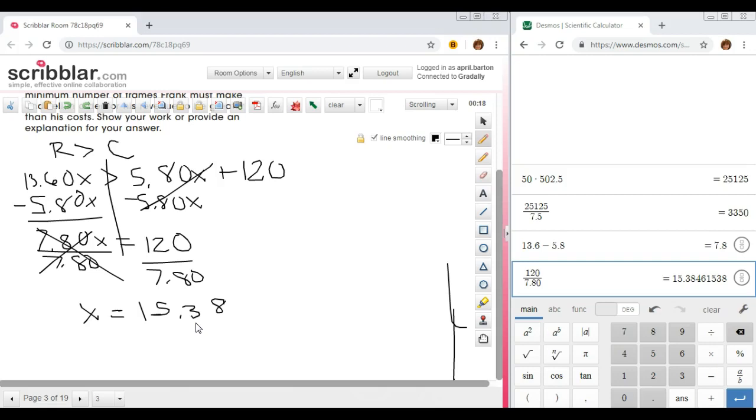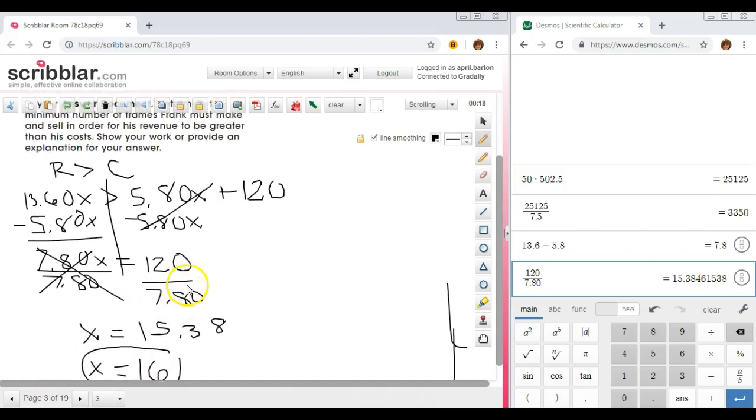If he wants his revenue to be bigger than his cost, if he makes 15 frames, that will be close. It will be almost bigger than his cost, but not quite. So in one like this where we want it to be bigger, we actually have to round up. Can't have part of a frame, and we need the revenue bigger than the cost, so we have to round up to 16. So that's the number of frames we need.